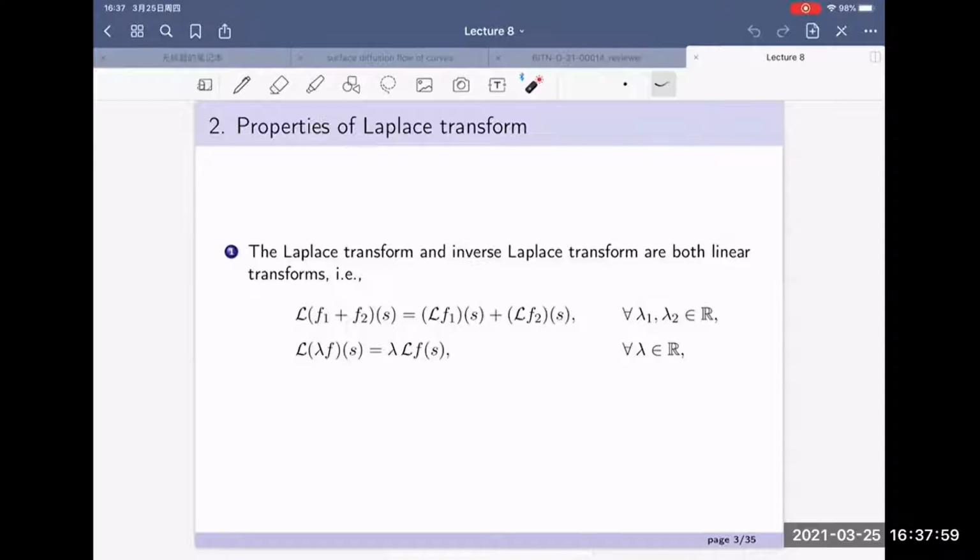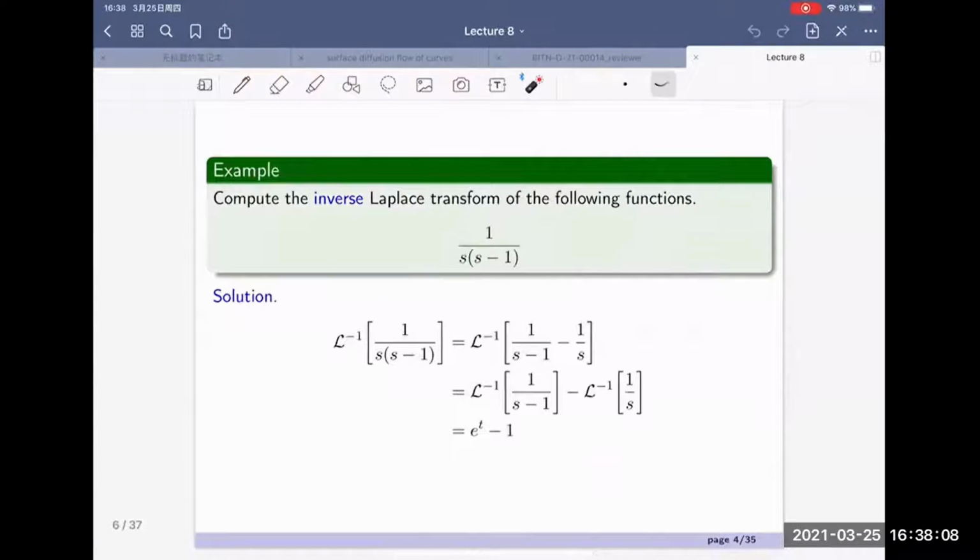So Laplace transform is linear, and linearity is a very important property which can help you to compute Laplace transforms. For example, let's compute the inverse Laplace transform of this given function of s. Here we need to use the property that the inverse Laplace transform is linear. If you are given a complicated function, you can sometimes try to simplify it into simpler expressions, right? This function, you can decompose this product into a sum of two simpler functions.